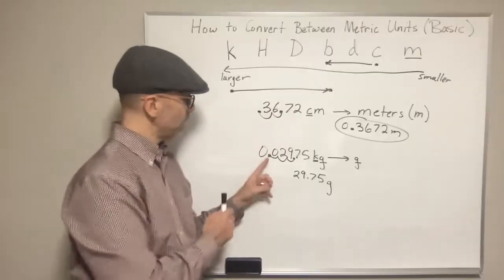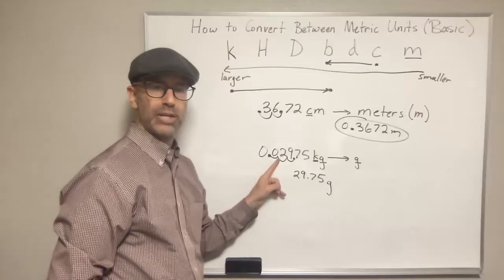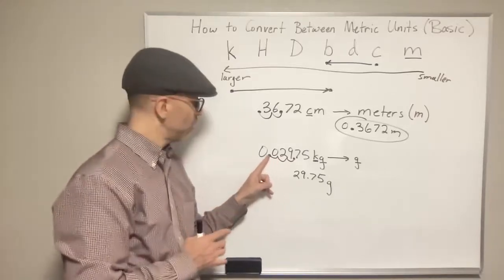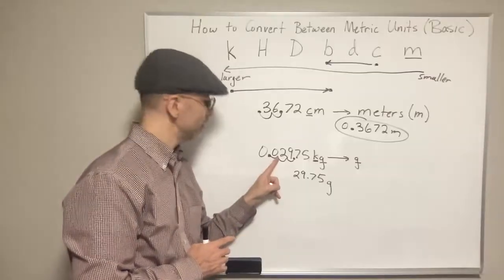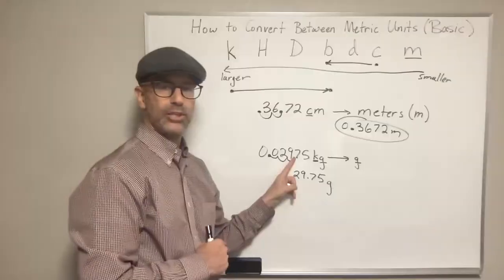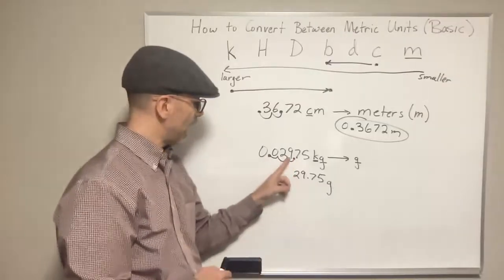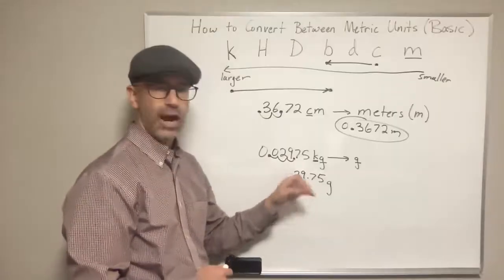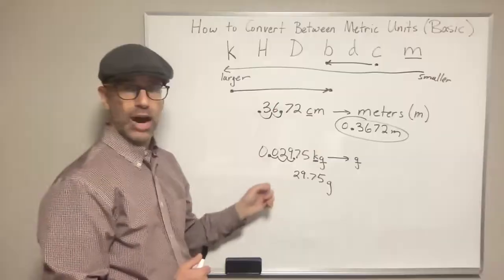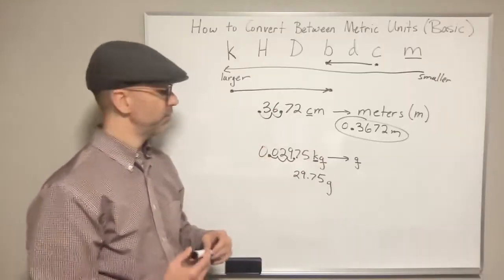But notice that the number, when you move your decimal point over, increases by a factor of 10. So it's like you're multiplying by 10 each time. You multiply by 10 once, multiply by 10 twice, multiply by 10 a third time. You're multiplying by 1,000 basically. And so now you get 29.75 grams. And that's how you can figure out how to convert from one unit to the other.